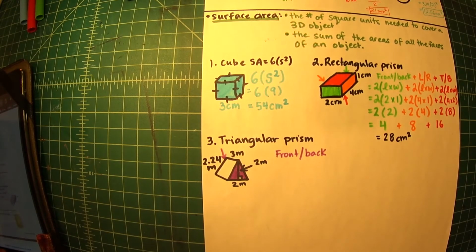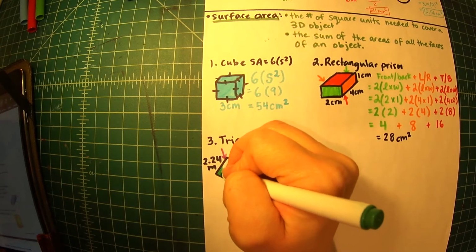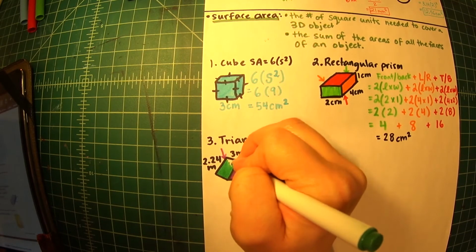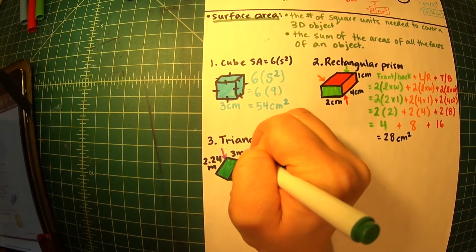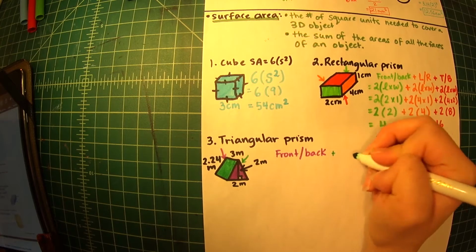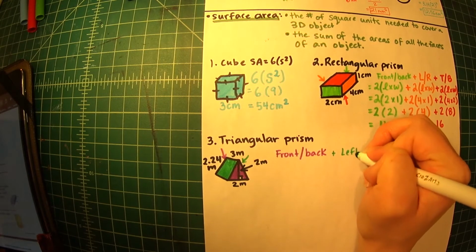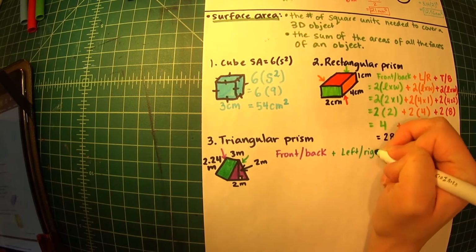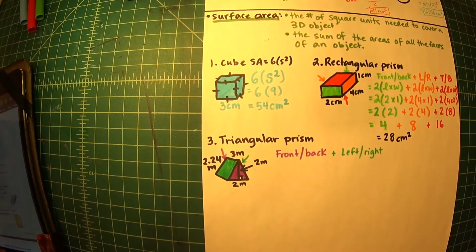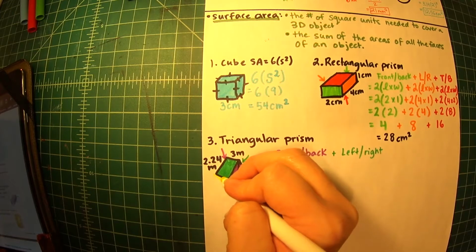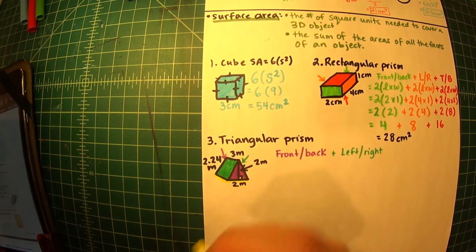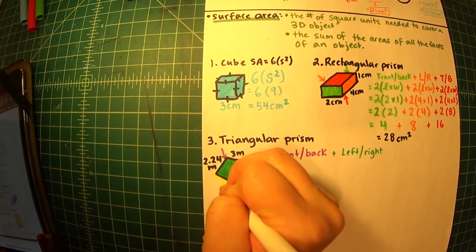Then we have the left side that we can see right here, and then the right side that would be tucked behind there. So plus the left and the right, those would be identical faces. And finally, the one lonely guy that we have that we can't see would be the bottom here.